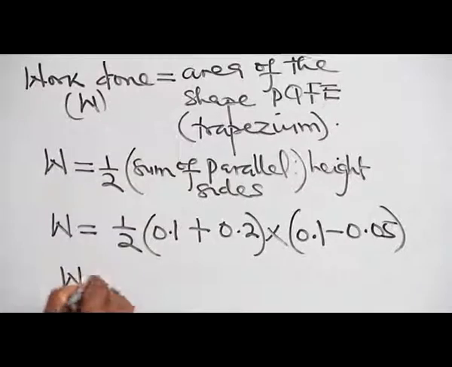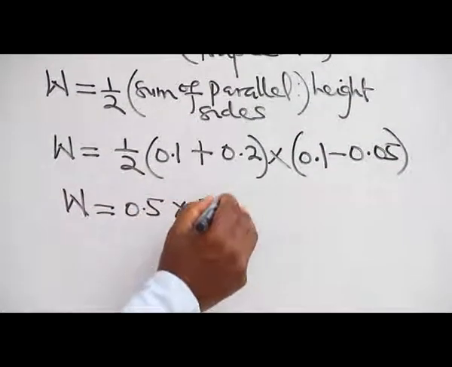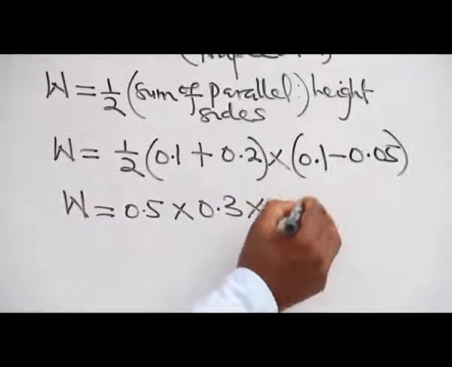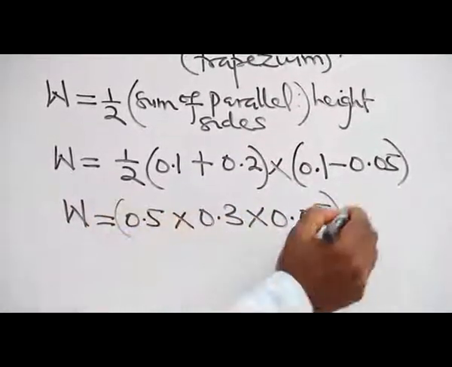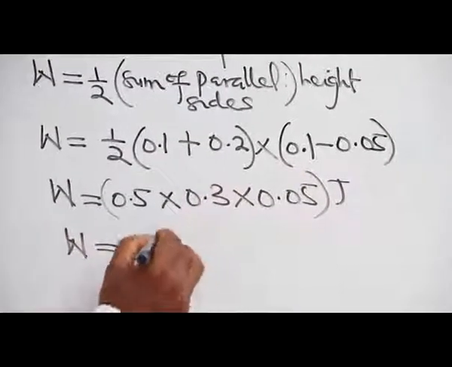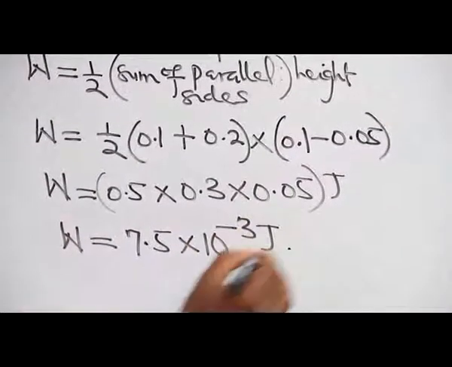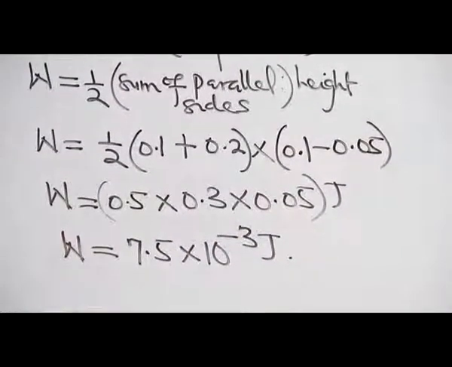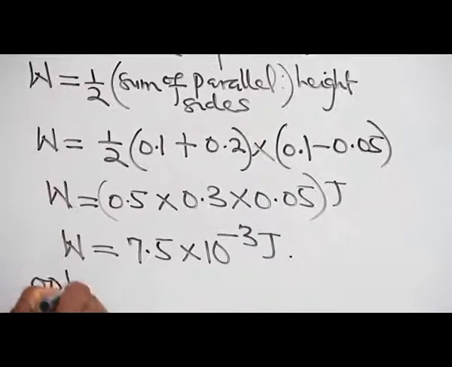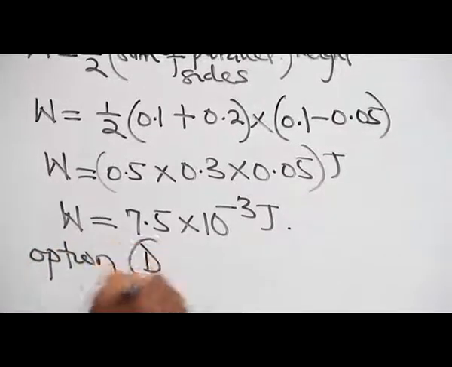So the work done will be 0.5, that's half, times 0.3 times 0.05 in joules. The work done is equal to 7.5 times 10 raised to power minus 3 joules. By this solution, option D is correct.